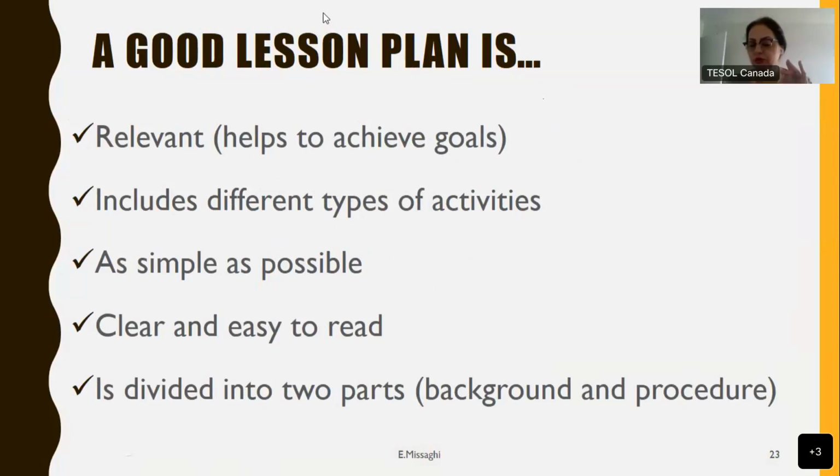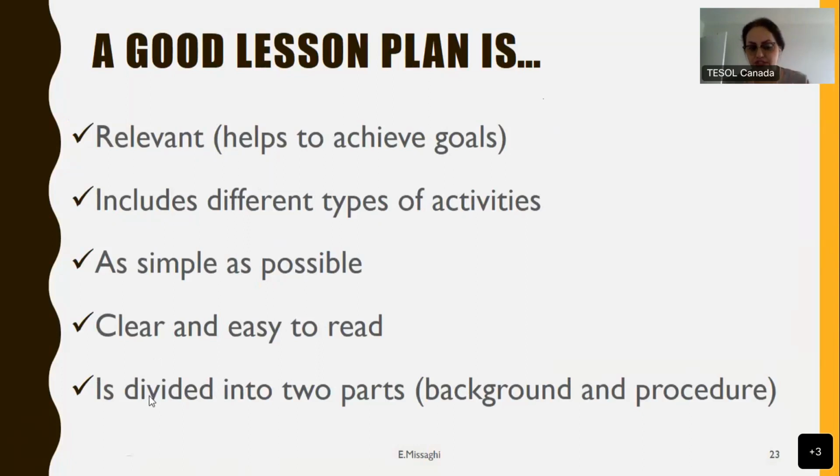Okay, the level. What else? Assumptions. Bravo. And objectives. Excellent. Objectives. Very good. These all go to the background.